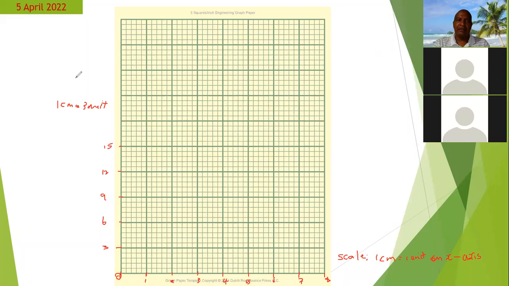10, sir. That is not a scale. Did you give me a scale by just saying 10 this way? 1 centimeter is used to represent 10 units.